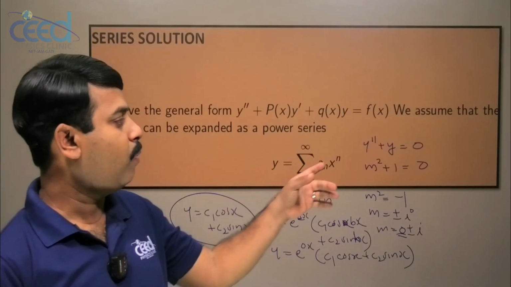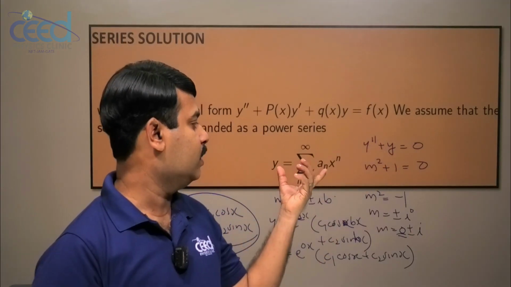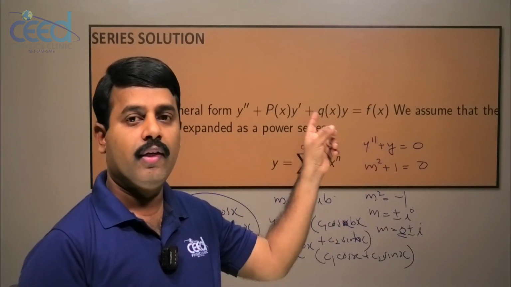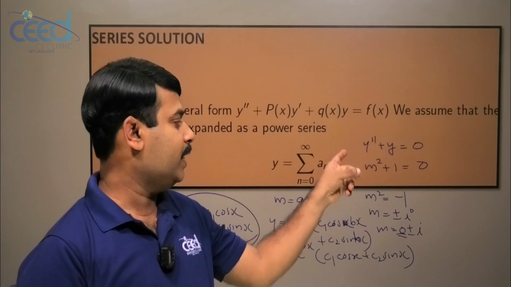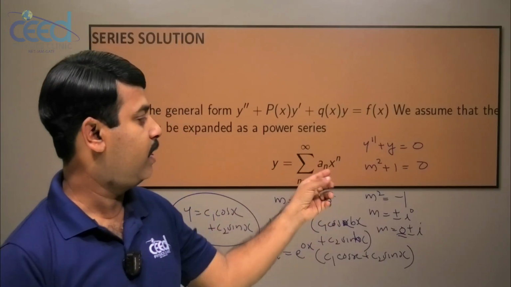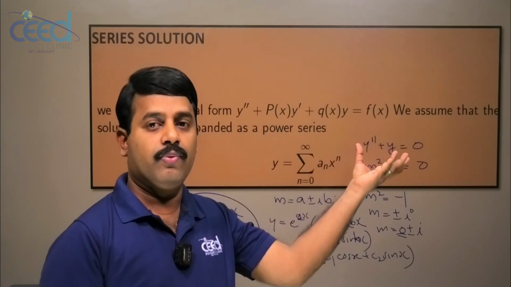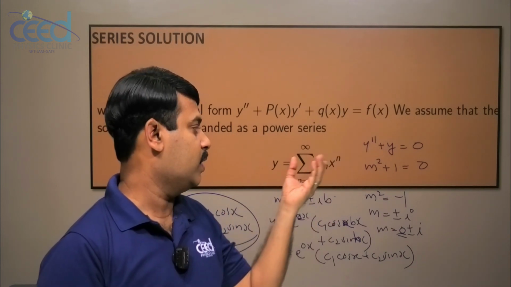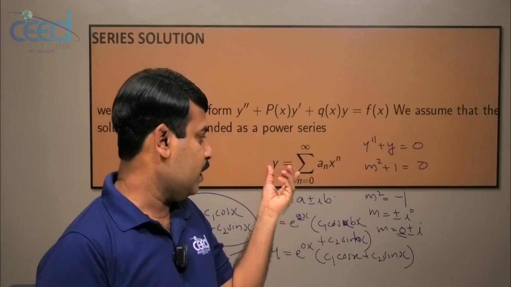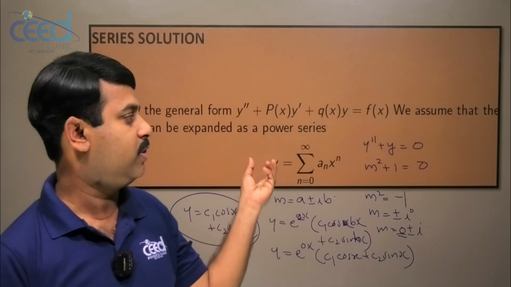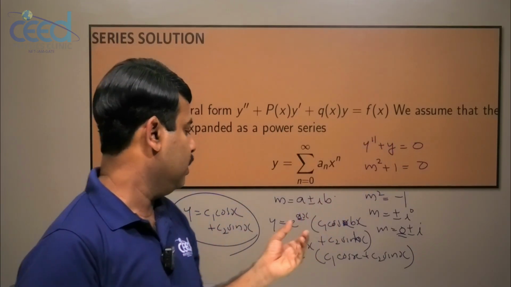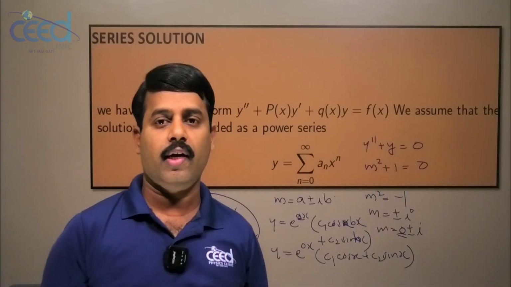Now the same problem I am going to do with this method, right? Applying the solution, I consider it as a summation of series terms, then find y dash, y double dash, substitute here, and then solve. We will get the same result, right?